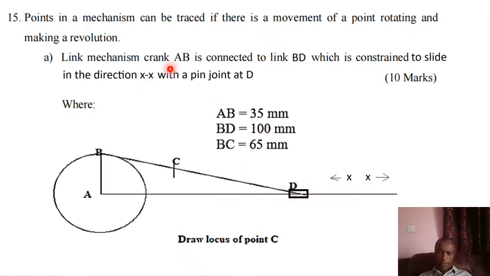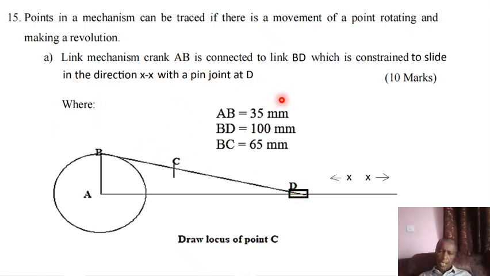Okay, with a pin joint at D, we cannot fail to point out that what connects this link and this gadget that enables it to slide through this line is a pin joint.